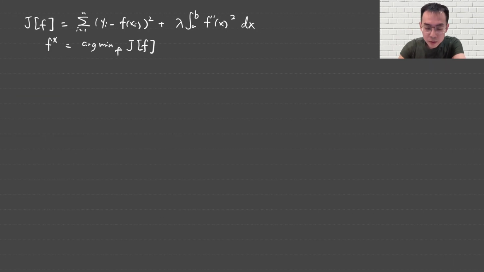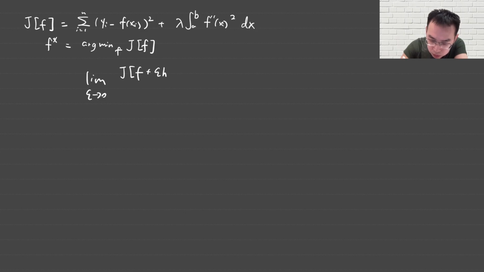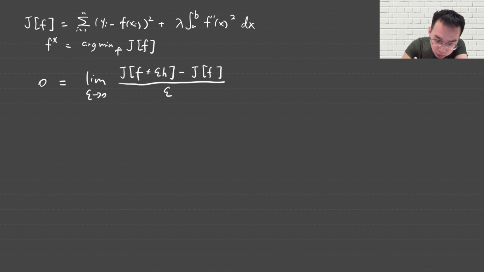Okay, now let's write down the limit form for this functional. So we want the limit as epsilon goes to 0 of J(f + epsilon h) minus J(f), divided by epsilon, equals 0 for all functions h. Okay, so what we can do is directly plug in the functional for J(f) to see what happens.